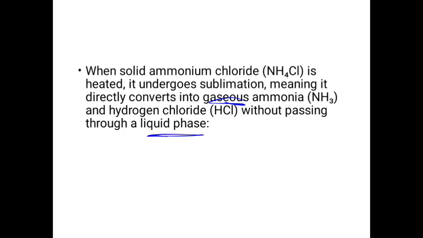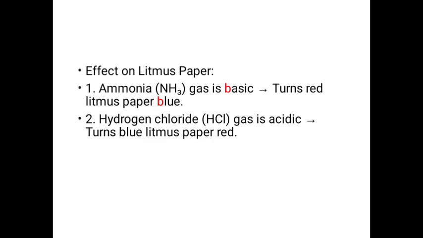The two compounds formed when we heat ammonium chloride are ammonia and hydrochloric acid. Ammonia is a basic gas, and it turns red litmus paper blue, while hydrochloric acid is an acidic gas and it turns blue litmus paper red.